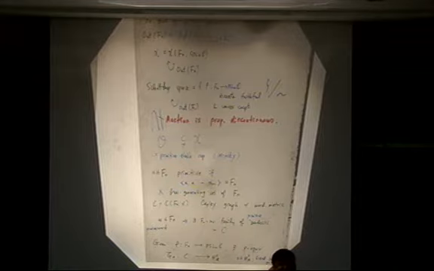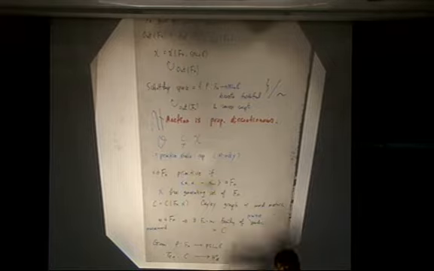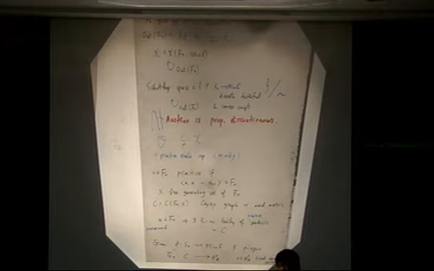You cannot complete A squared to a free generating set. So primitive means it is one of the generators. Then you form a Cayley graph of this free group, which is a tree.